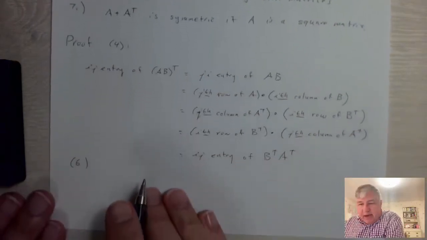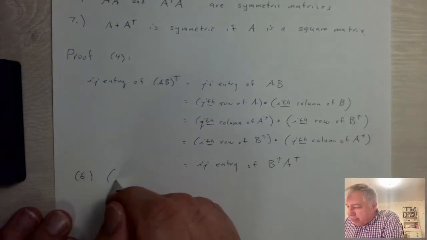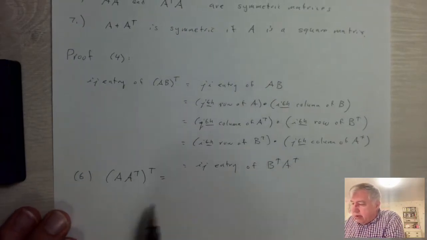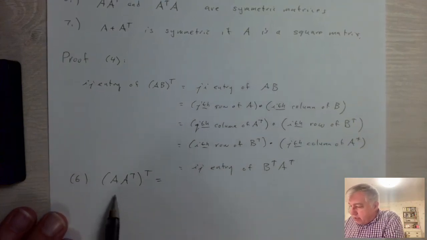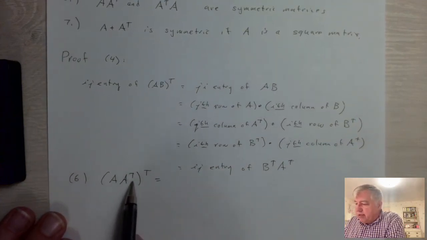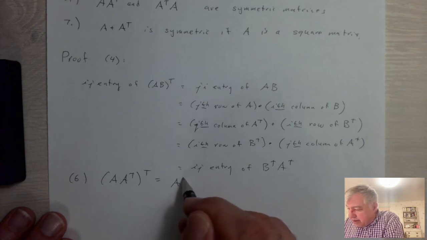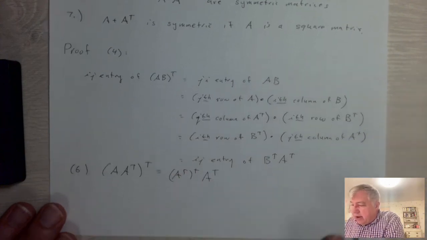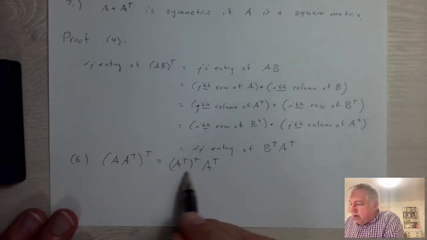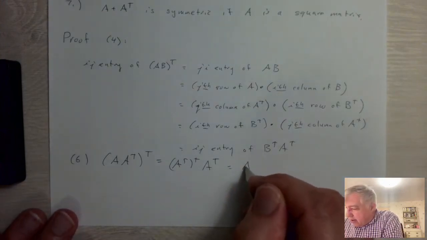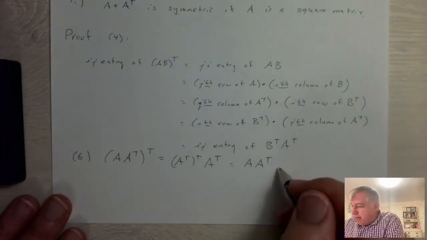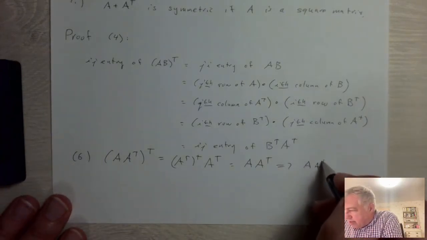For number 6, if we want to take the transpose of A times A transpose, this is going to be the transpose of A transpose times the transpose of A, but we know from number 1 this is just A. So the transpose of this is itself, which means that A A transpose is symmetric.